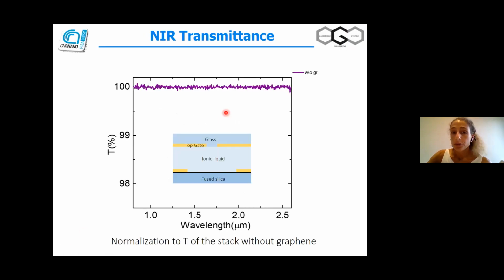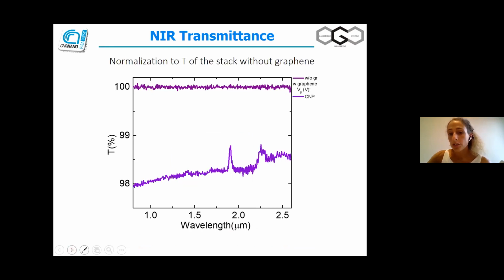We measure also the linear transmittance. We have a complicated structure. So first of all, we took the transmission in a position of the transistor where we have no graphene, and we took it as a reference for 100% transmission. We measure the transmittance in this wavelength range. Then we measure the transmittance at the charge neutrality point.